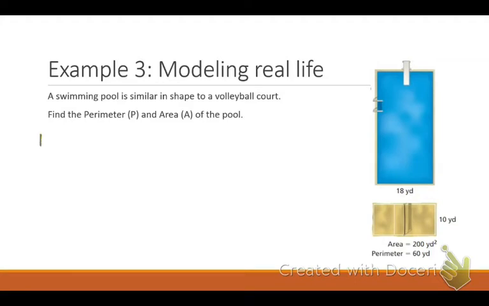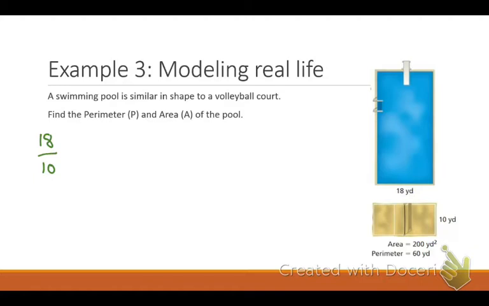So I'm still going to use the dimensions that I know, width over width. Except now, what do I have to do to this ratio because it's area? Do you guys remember? Raise it to the second power.